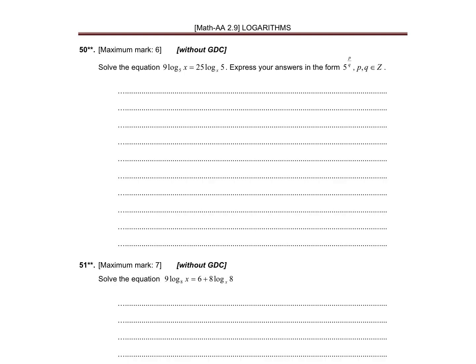Okay, so for this one, similar to what we just did, I'm going to get this to be log base 5. And that's 1. So this is 25 over log base 5 of x.